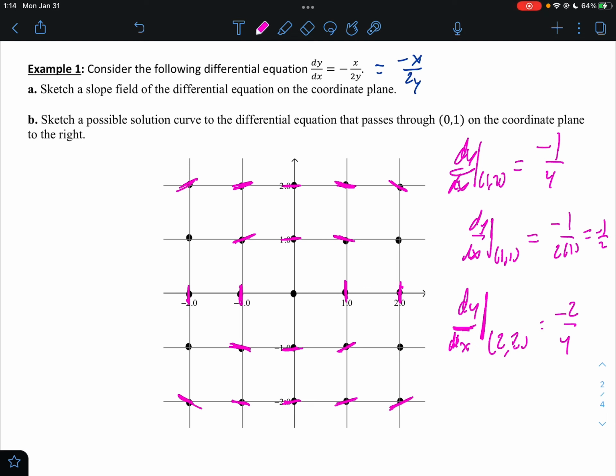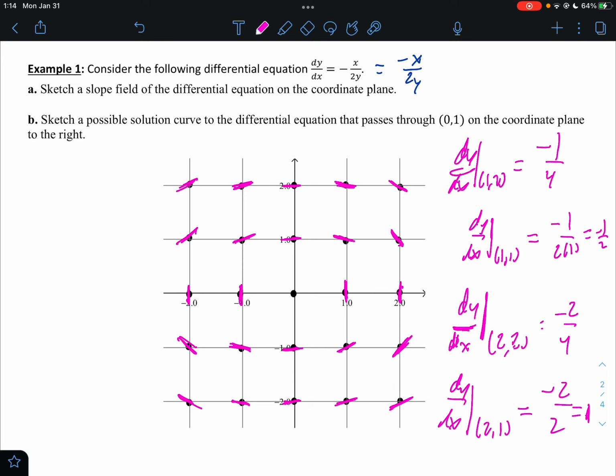And then finally 2, 1. So dy/dx at 2, 1 would be negative 2 over 2 times 1, or negative 1. So this slope should be negative 1, positive 1, negative 1, positive 1. And our slope field looks like that.